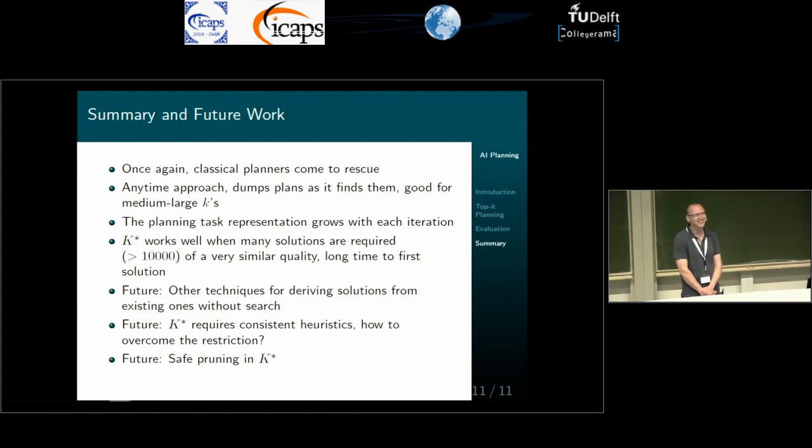I had actually a question almost identical to his. Let's suppose you had a distance metric and you wanted to generate your K plans that had a minimum separation of distance. Right, so there is a whole field of diverse planning that people are working on. The way that most of them are doing it is by tweaking heuristics and stuff like that. So they basically find some plans and they tweak the algorithm to behave slightly differently, and then they hope that they will find the next plan that will be different from the previously found one.